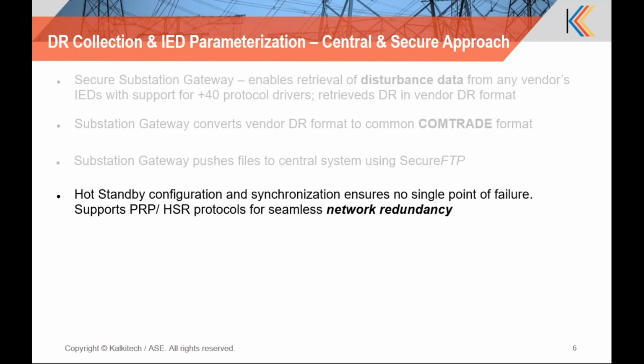So even though there is one network failure, the data is ensured to reach the destination bumplessly. That is one of the key advantages of having network redundancy using PRP/HSR.